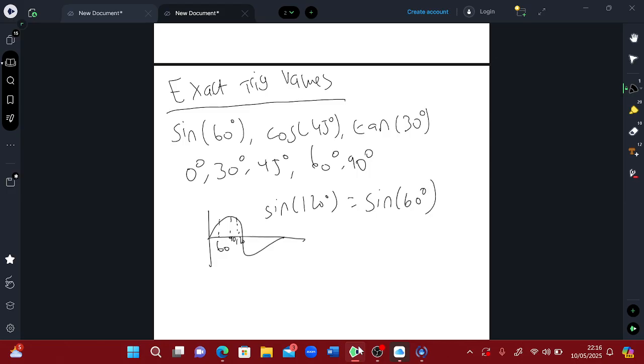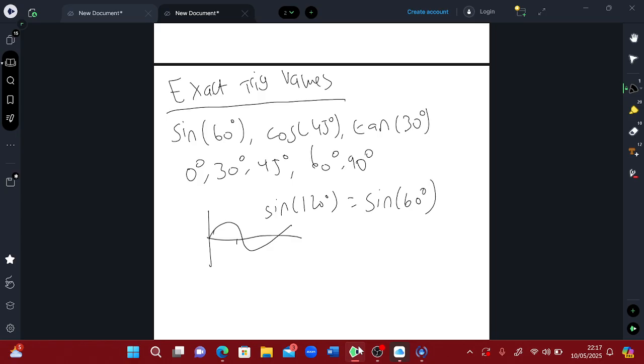If you look at the symmetry of the graph, you can spot other values as well. So if you know what sine 60 is, which you should, you can also know what sine 120 is, and stuff like that. Likewise, let's draw the graph again.